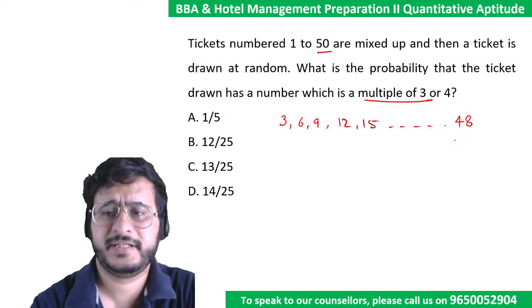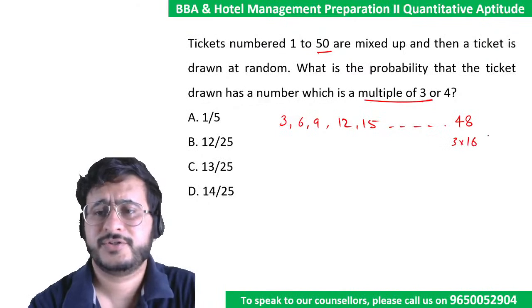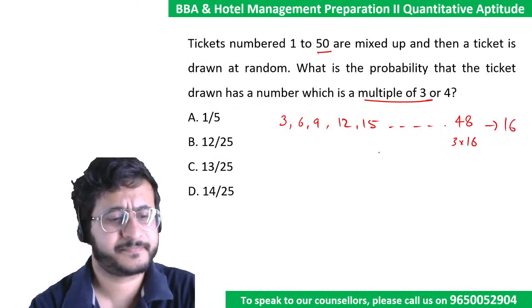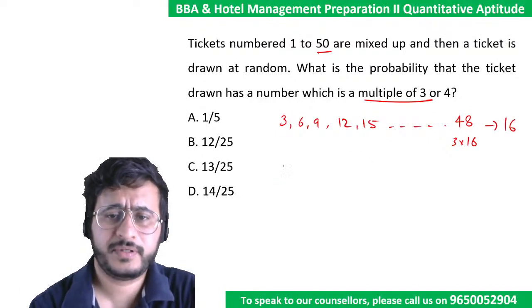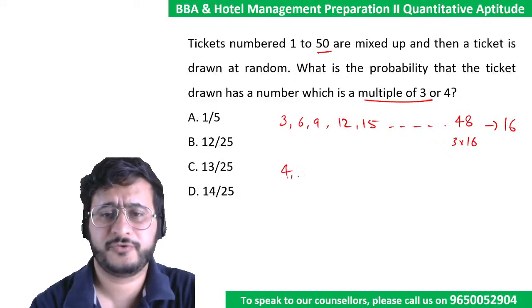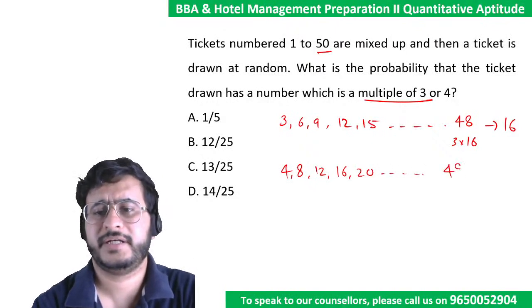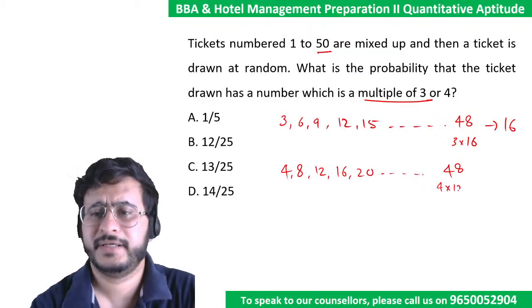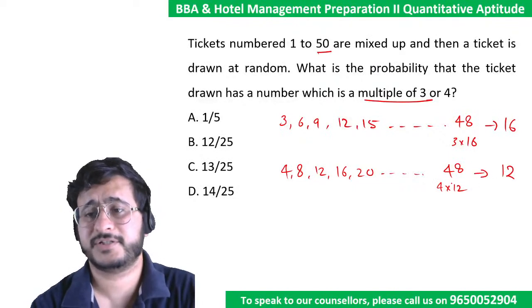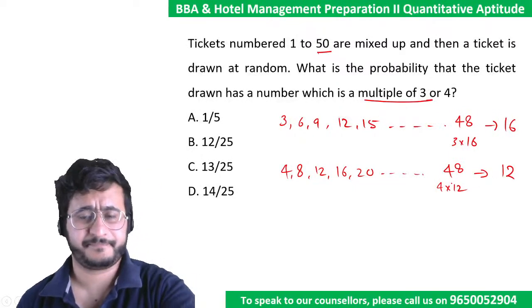It is basically 3 into 16. So there are 16 multiples. Now let's look at the multiples of 4: 4, 8, 12, 16, 20 and so on up to 48, which is 4 into 12. Hence there are 12 multiples of 4 as well.